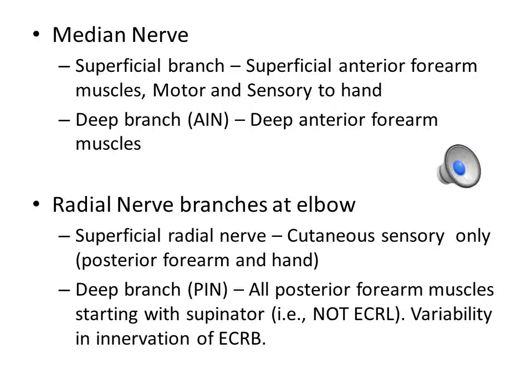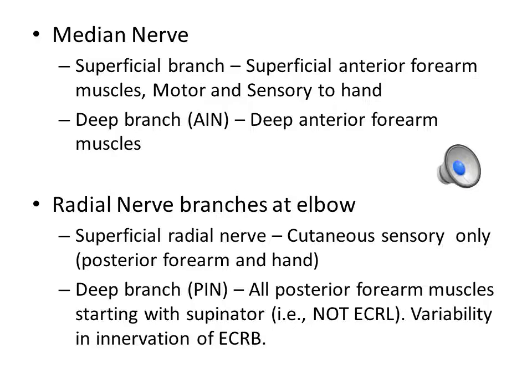The deep branch is called the anterior interosseous nerve. The superficial branch supplies motor function to the superficial anterior forearm muscles and motor and sensory function to the hand. The deep branch supplies motor function to the deep anterior forearm muscles.